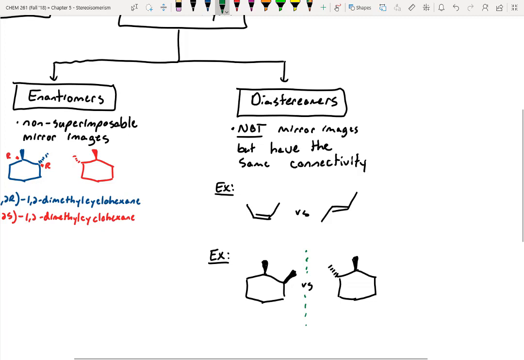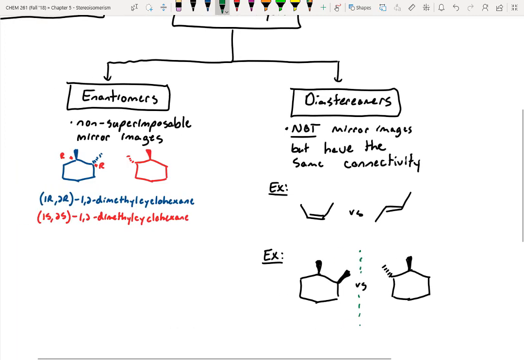They're connected in the same way, but they're not mirror images. These are diastereomers. Versus the one on the left for enantiomers, these are true mirror images of one another, therefore they're enantiomers. Make sense? All right.